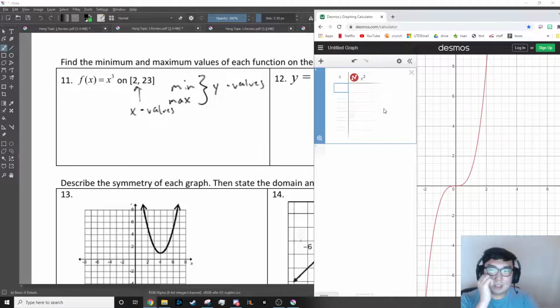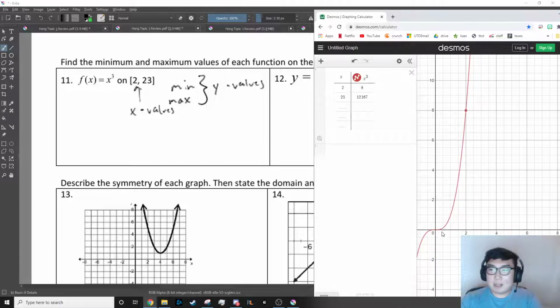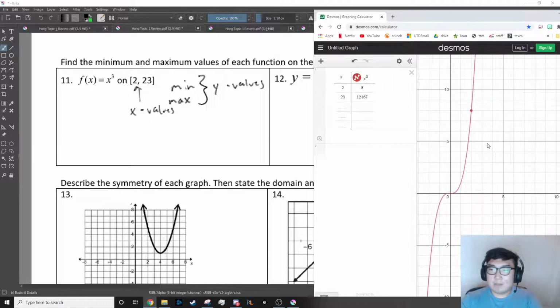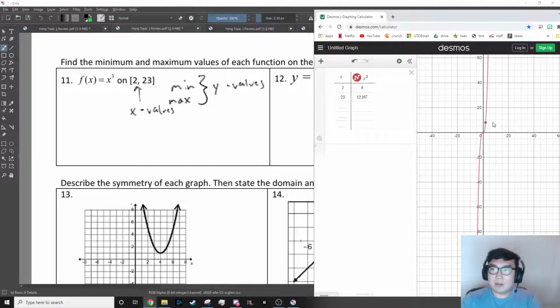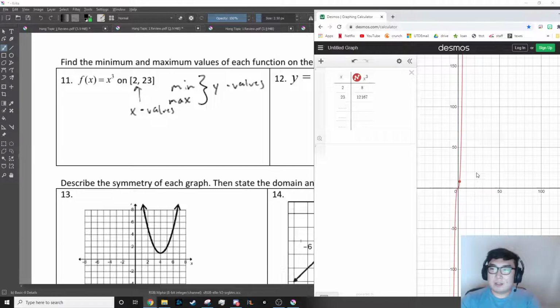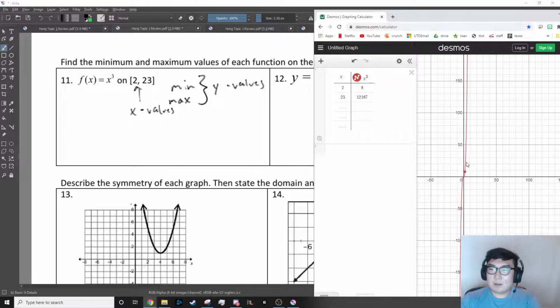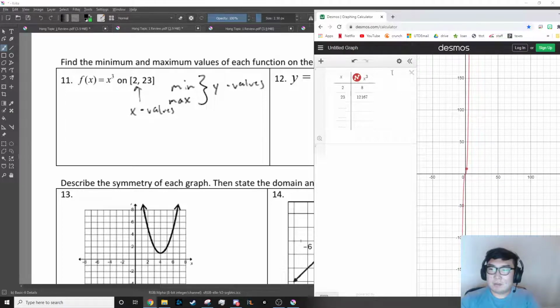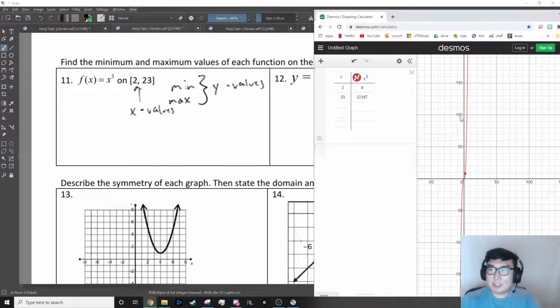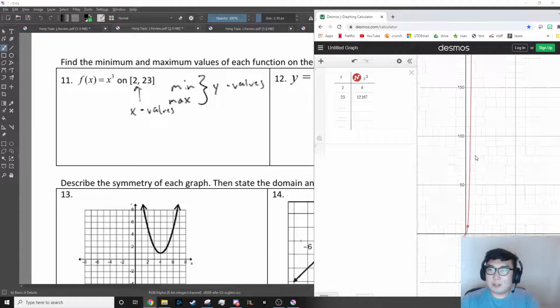So what if I said 2 and I said 23? Looking at the behavior of this graph, I'm thinking, oh, it's just going infinitely up forever and ever, right? So even if I go all the way up, I can see that the graph is going infinitely up.